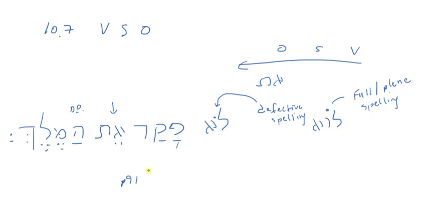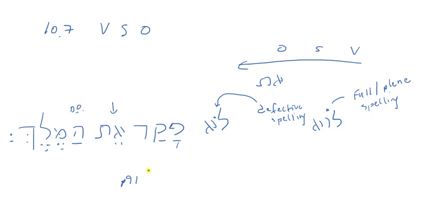All right, look at the next. We have Halahu. Everybody say that. Halahu ha'anashim la'ir. So the men went to the city. How would I translate this if it was just Halahu la'ir? Yes, you have to use the pronoun. They went to the city. And then everybody, Zacharu et Adonai.